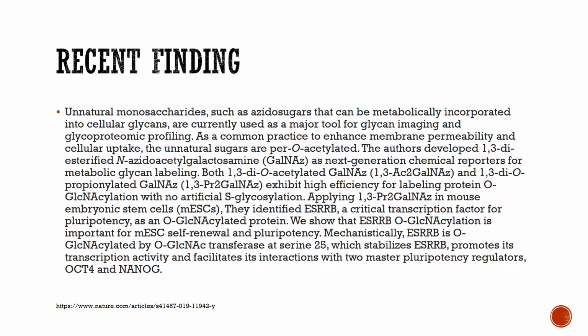They were able to show that ESRRB O-GlcNAcylation is important for mESC self-renewal and pluripotency, but catalytically, ESRRB is O-GlcNAcylated by O-GlcNAc transferase at serine 25. It stabilizes ESRRB, promoting its transcription activity and facilitating its interaction with two master pluripotent regulators, OCT4 and NANOG.